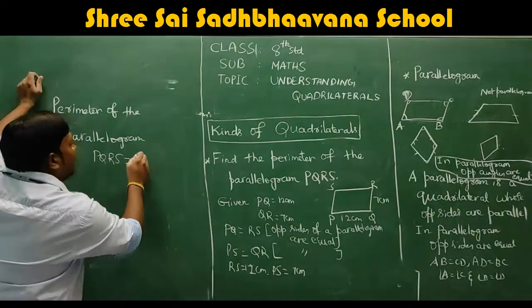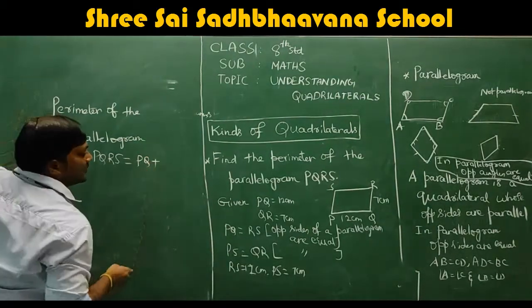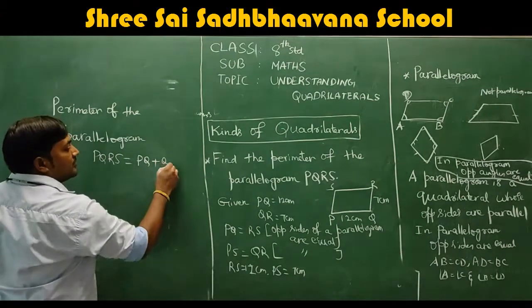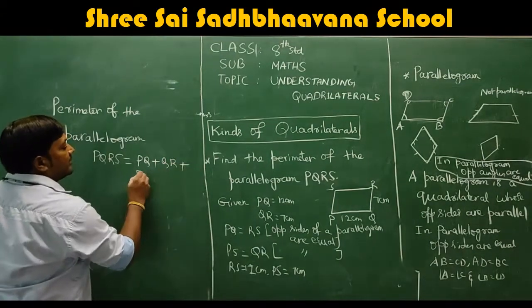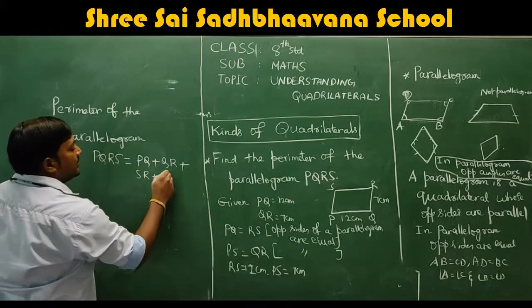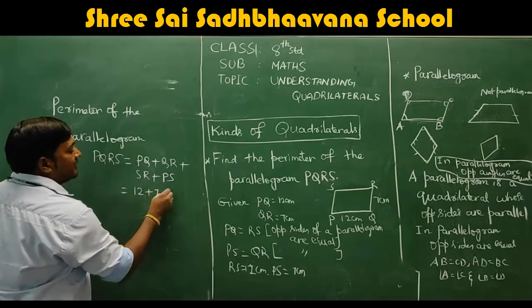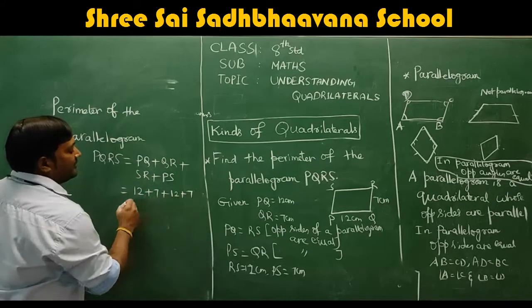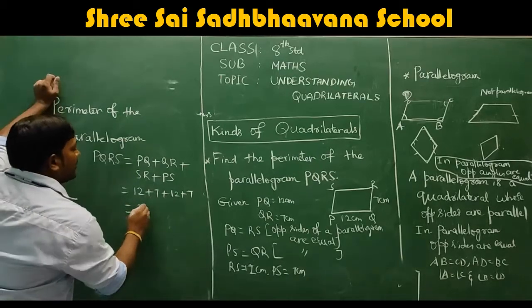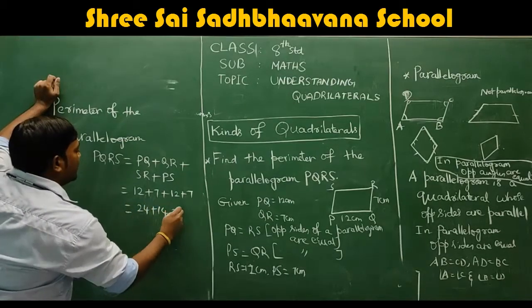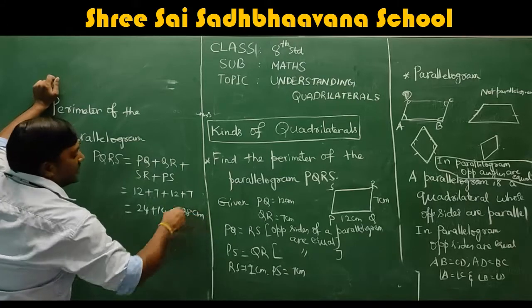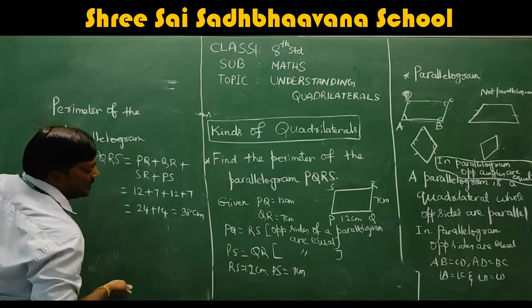What are the sides they have? PQ plus QR plus SR plus PS or SP. So 12 plus 7 plus 12 plus 7. How much will you get? 24 plus 14, which is 38 centimeters. Okay, that is the answer.